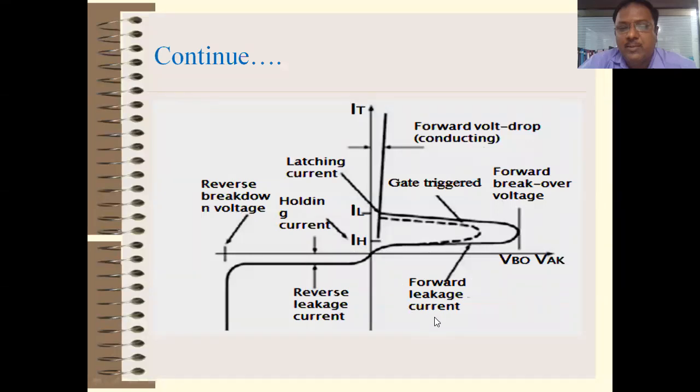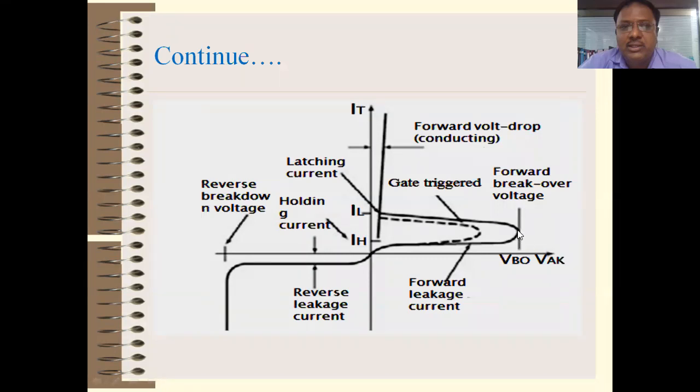That is called forward leakage current, right? Again, due to the minority charge carriers. So ideally, the device is still in off state. As soon as you increase the voltage up to VBO, the forward breakover voltage, your device turns on.